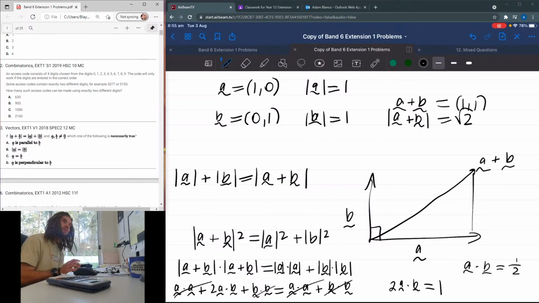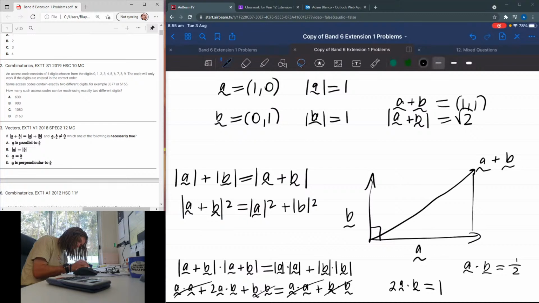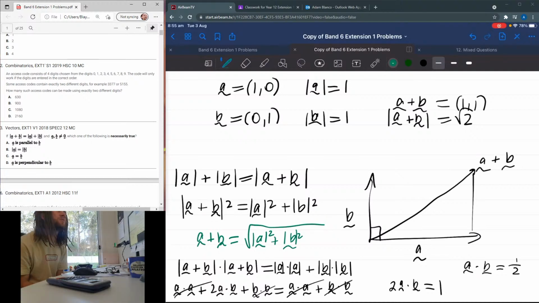Yeah, and it said at the start that they can't equal 0. Oh, okay. Sorry. You've said this. Is that what you said?